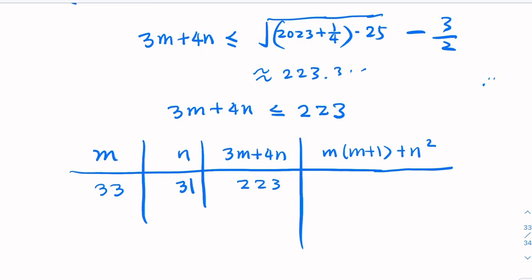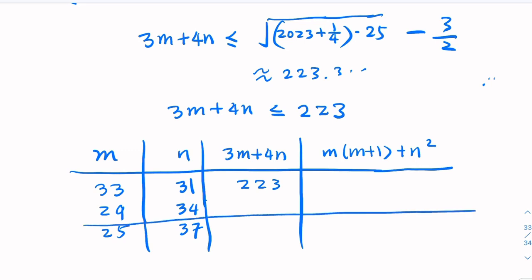To get it bigger while maintaining this equality, you add 3 to n, all right? So let's try 34 and 37. And this one, you subtract by 4, so it's going to be 29 and 25, right? So let's try that.